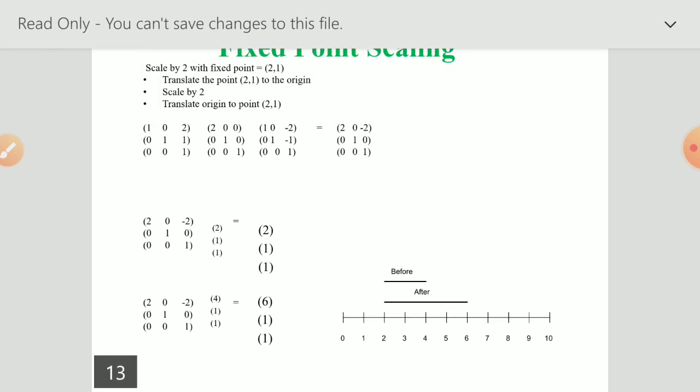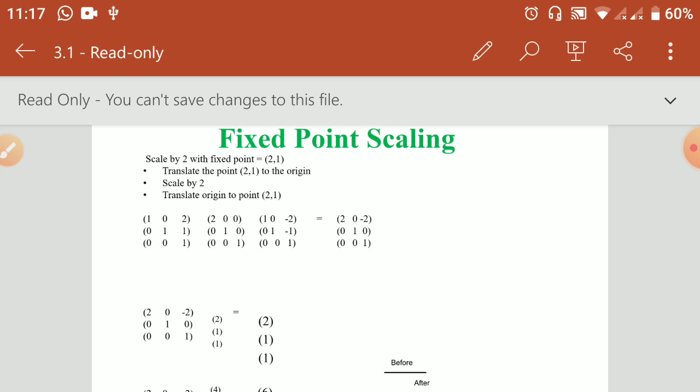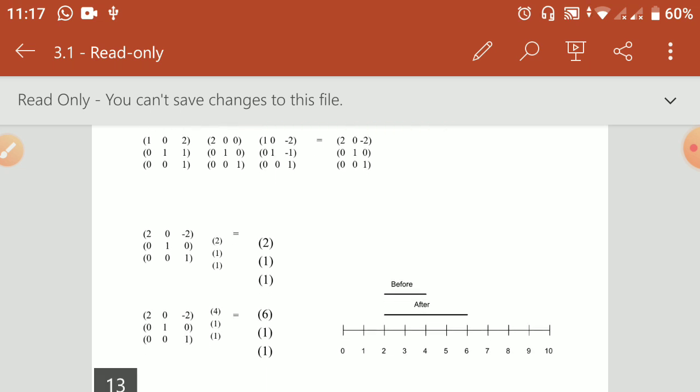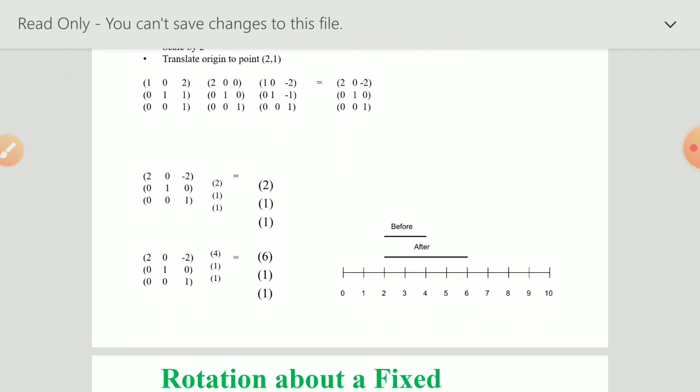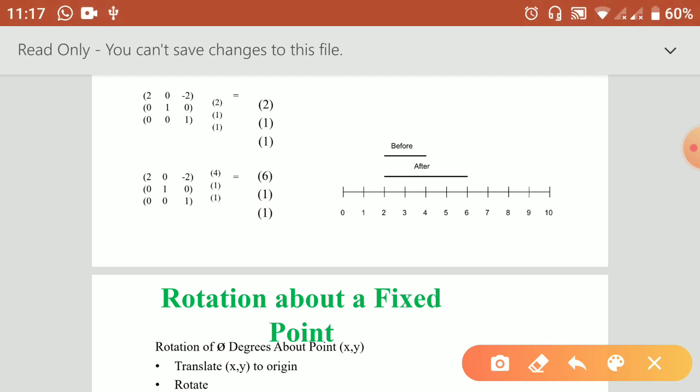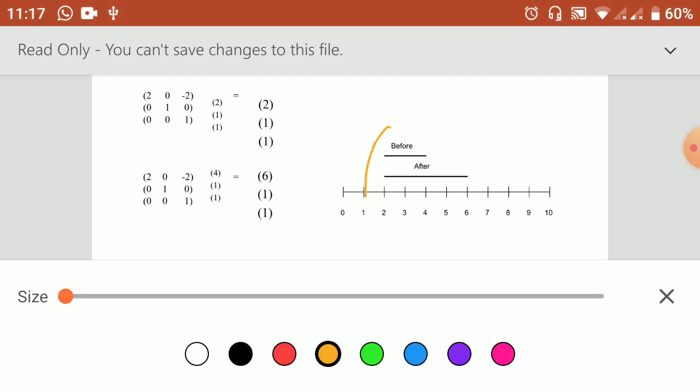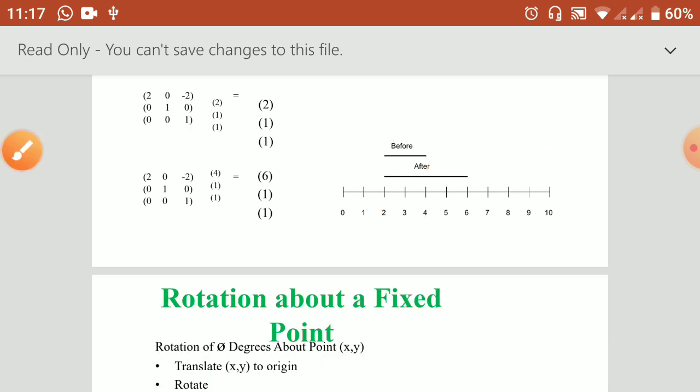Here one fixed point is given, the point is 2 1, scale by 2. So the line starting point is 2 1, and the ending point in the question is 4 1. It is 2 1 and 4 1 before scaling. This is the resultant line. We will calculate it.